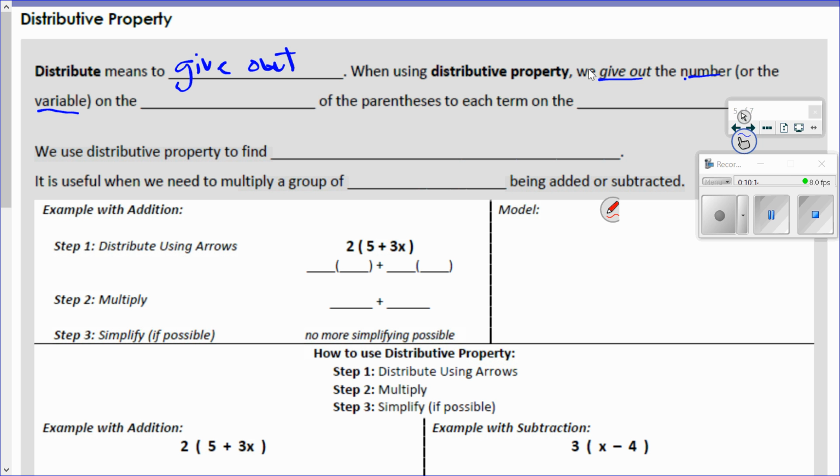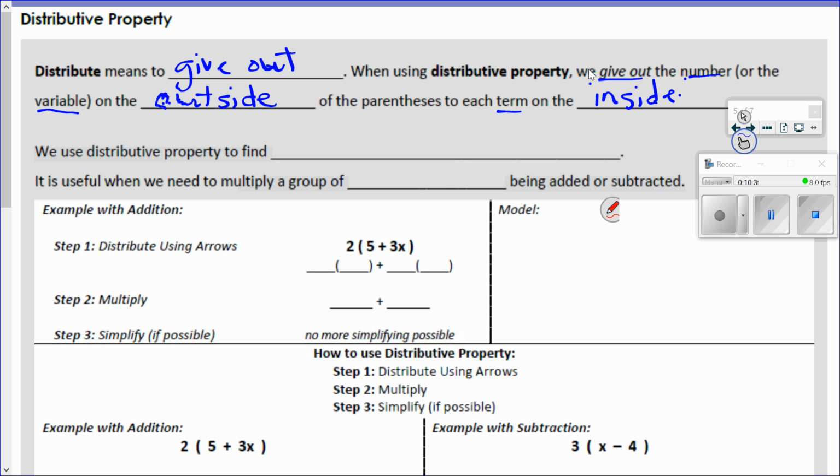It may be a variable on the outside of the parentheses, to each term on the inside. So whatever's on the outside is going to be distributed or given out to everything on the inside.